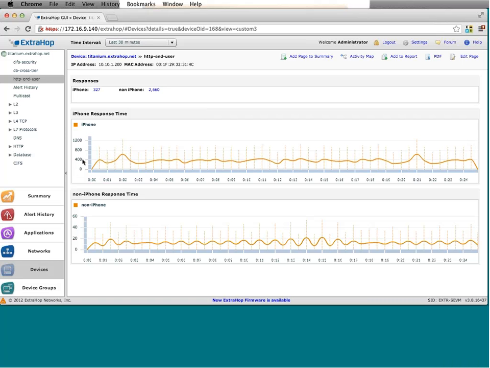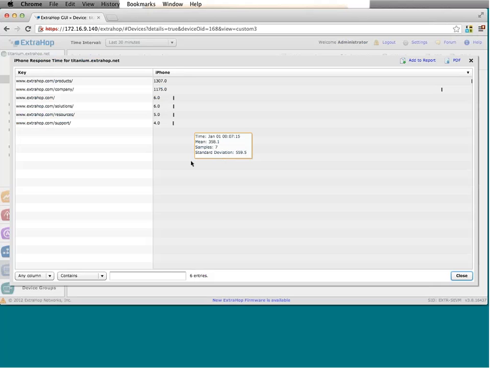We can see somewhere between 400 and 800 milliseconds for these transactions, and then 0 to 20 milliseconds for anything that was not an iPhone. We took it further and helped them drill down into exactly which transactions were driving those numbers. In this case, there were essentially 2 different pages that needed to be refactored to accommodate the iPhone browser type.